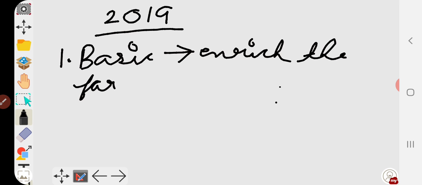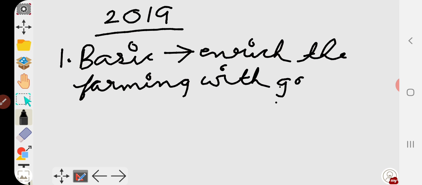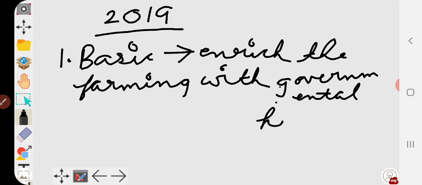The term cooperative farming means, as you all know, where cooperative societies do the work of farming all together, sacrificing their own benefits or their own ownership of the land, and it's just for the welfare motive.